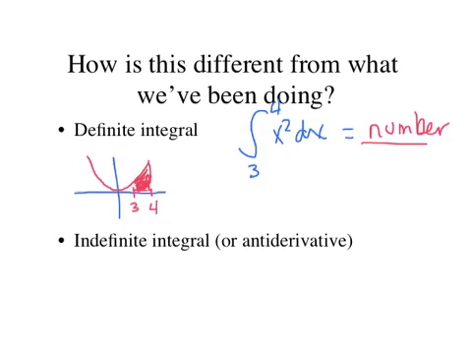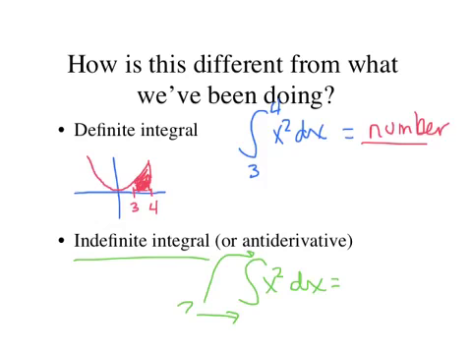Okay, the indefinite integral, or the antiderivative, would look something like this for that problem. So the first thing you notice is that there are no limits of integration. Got some numbers missing. So it's pretty hard to think of this graphically as an area under a curve because you don't know where to start and where to end.